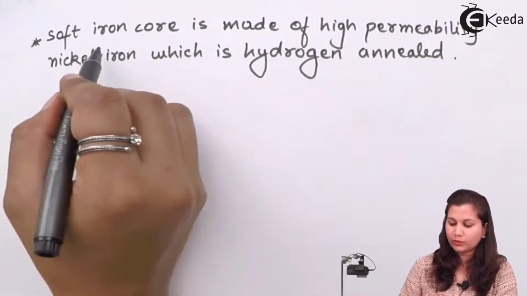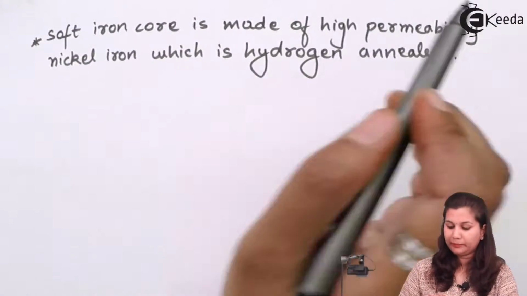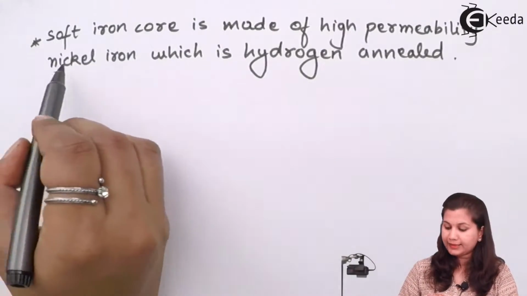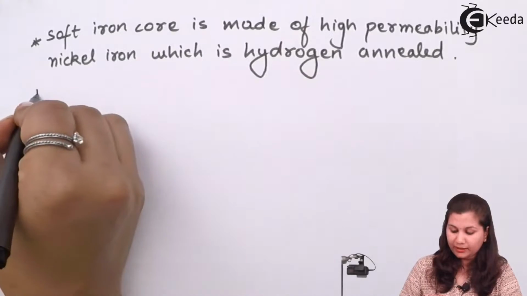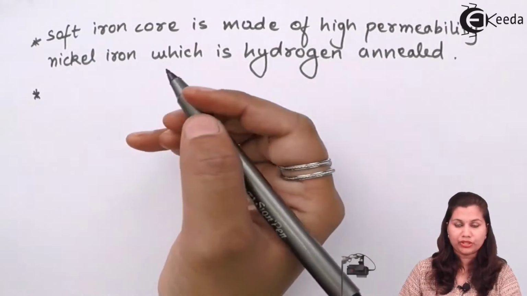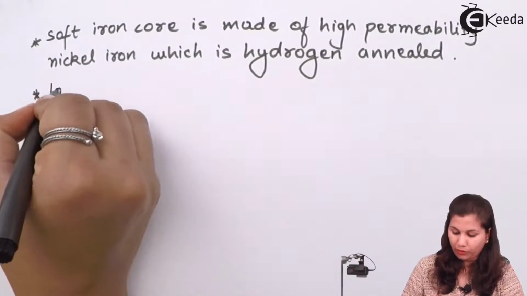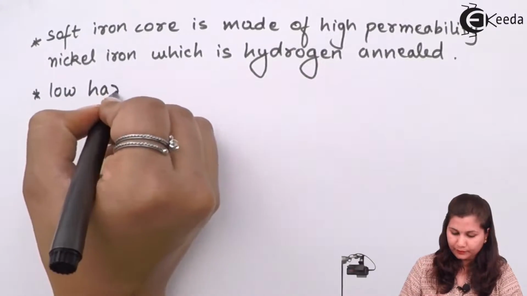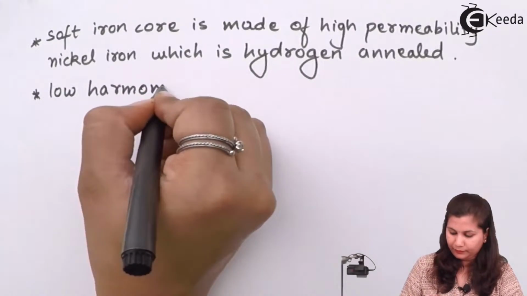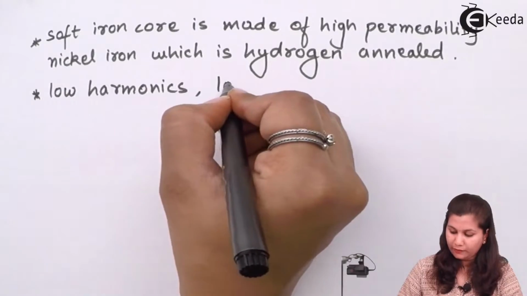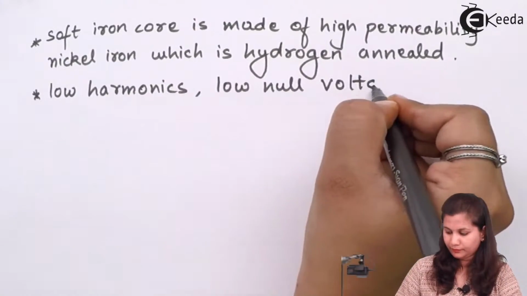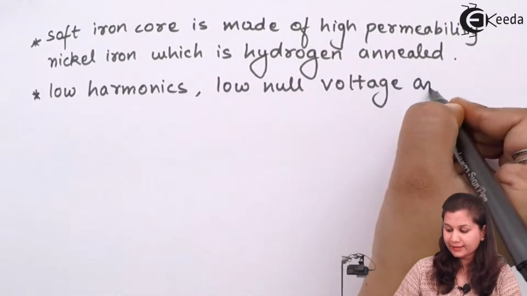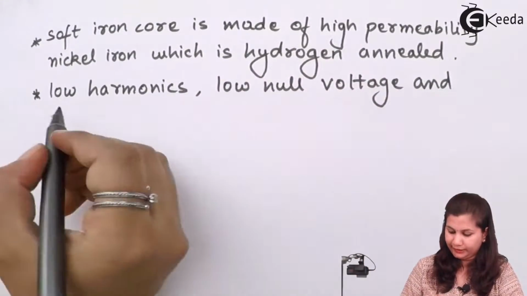Now this soft iron core is made up of high permeability nickel iron, and it is hydrogen annealed. Why is this being done? Because when it is hydrogen annealed, this gives low harmonics, low null voltage, and high sensitivity to the LVDT.